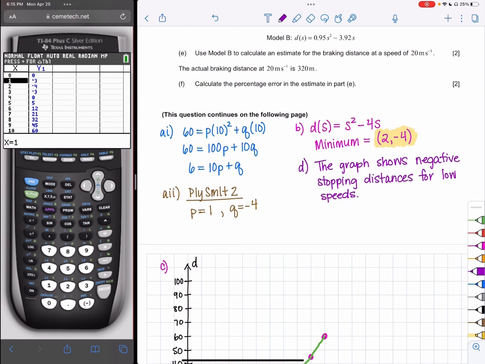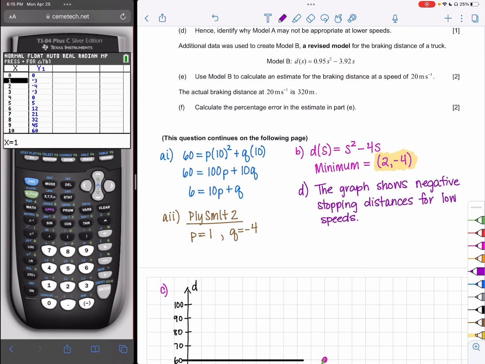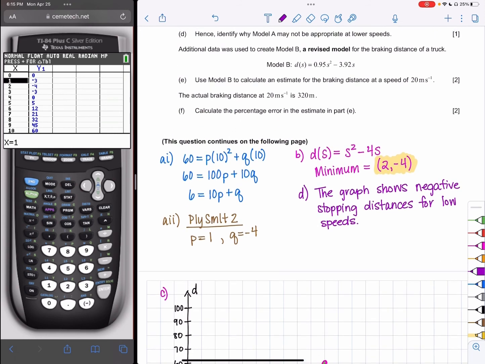So part E, it says use model B, and they have already told us that additional data was used to create model B, a revised model for the braking distance of a truck, and they gave us the equation for it here. So it says use model B to calculate an estimate for the braking distance at a speed of 20 meters per second.